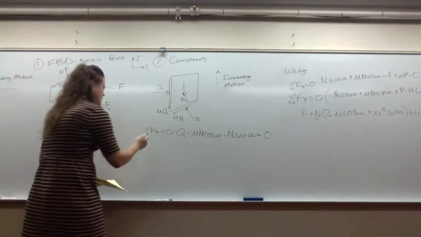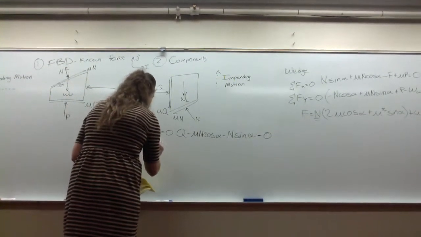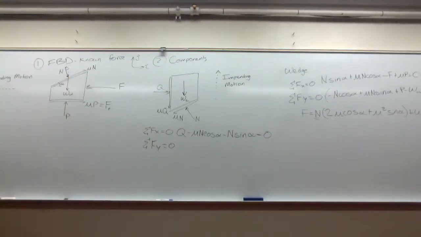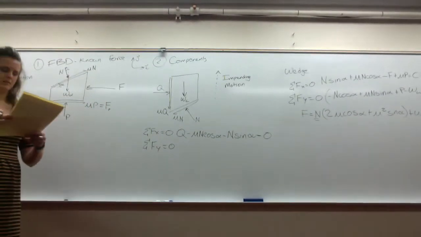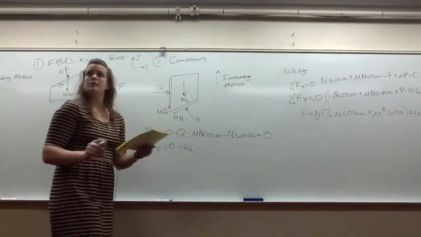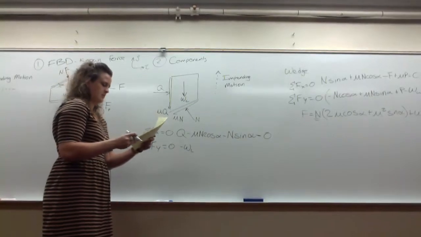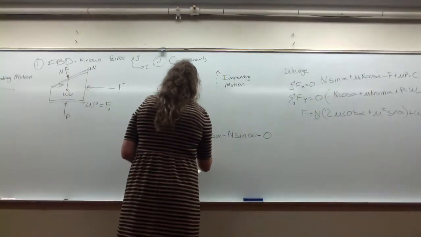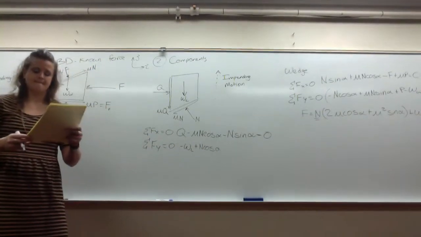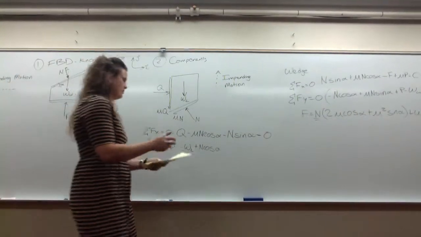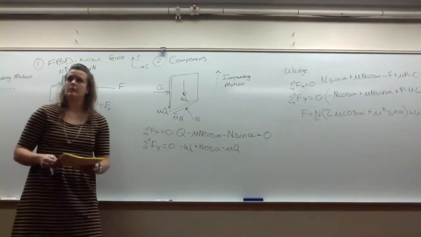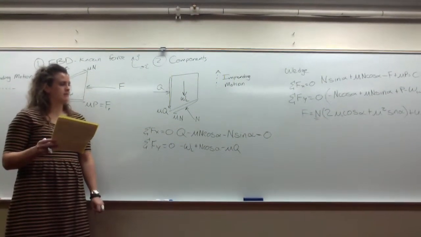We also have the sum of the forces in the y. What's in that, Summer? The weight, minus W_L, and then the y component of N, so plus N cosine alpha, and then our friction down, minus mu Q. What are we missing?